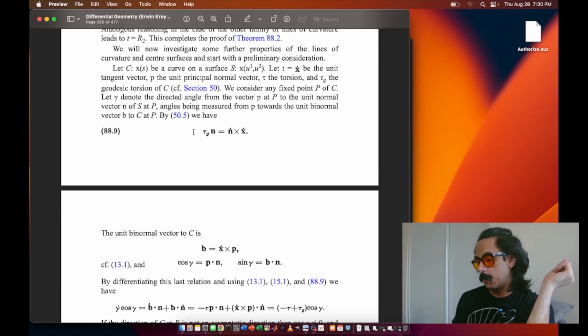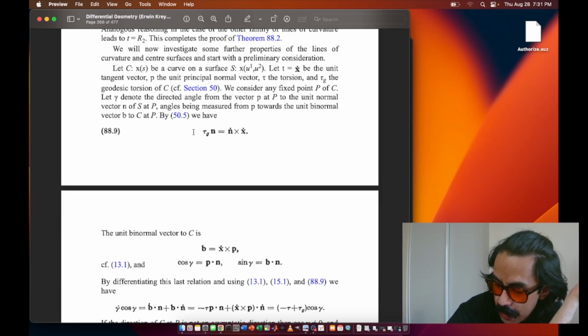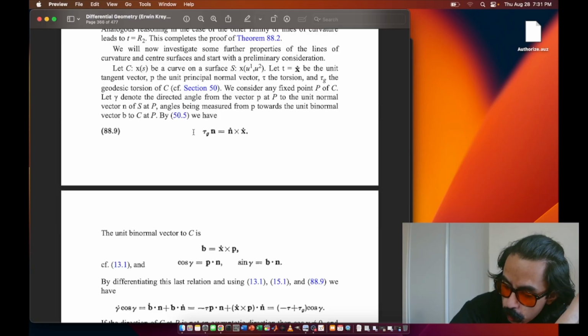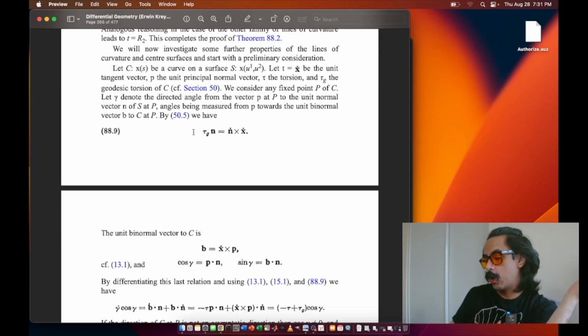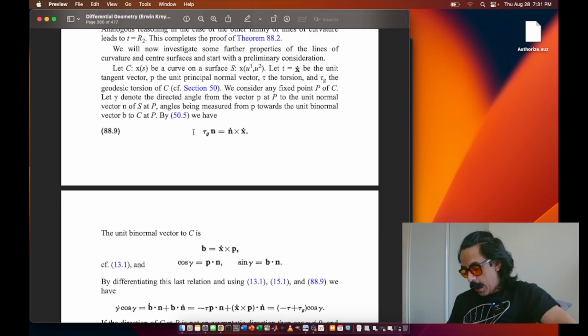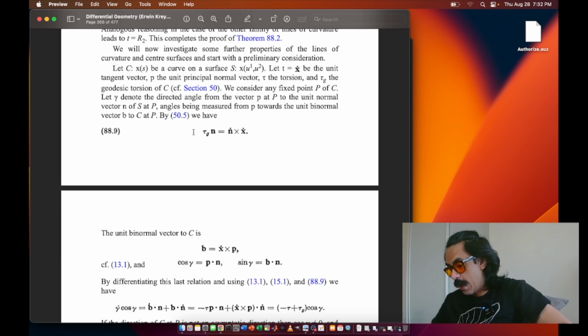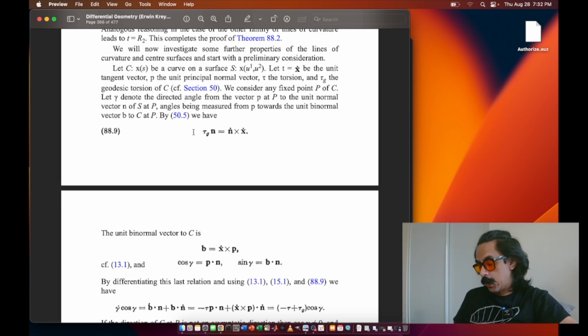We consider any fixed point capital P of capital C. Let lowercase gamma denote the directed angle from the unit principal normal vector p at the point capital P to the unit normal vector n of capital S at the point capital P, angles being measured from the unit principal normal vector lowercase p towards the unit binormal vector lowercase b to the curve capital C at the point capital P. By expression 50.5 from the geodesic chapter, tau sub lowercase g times vector n is equal to vector n dot cross vector x dot.